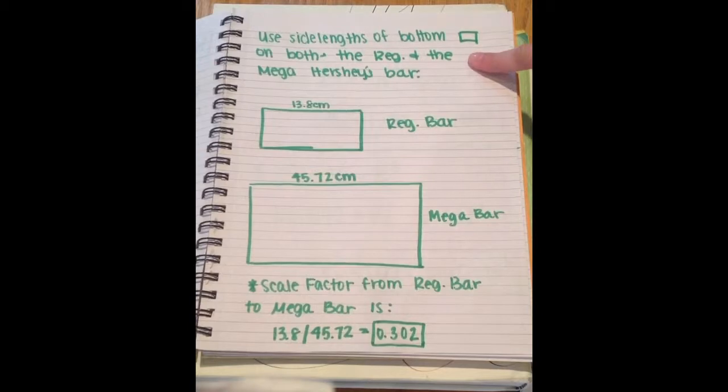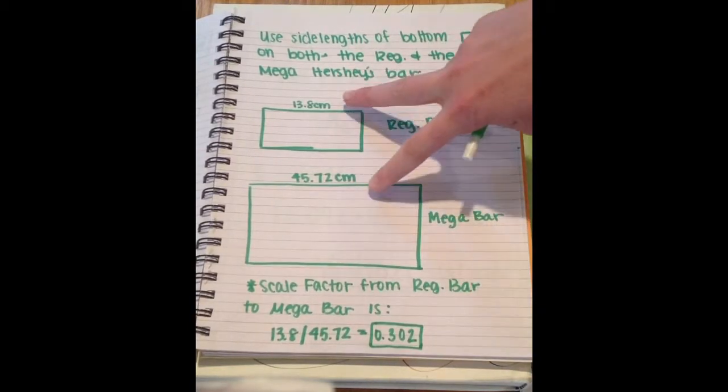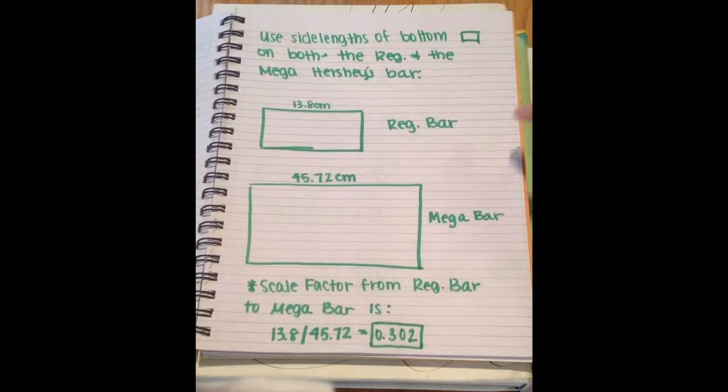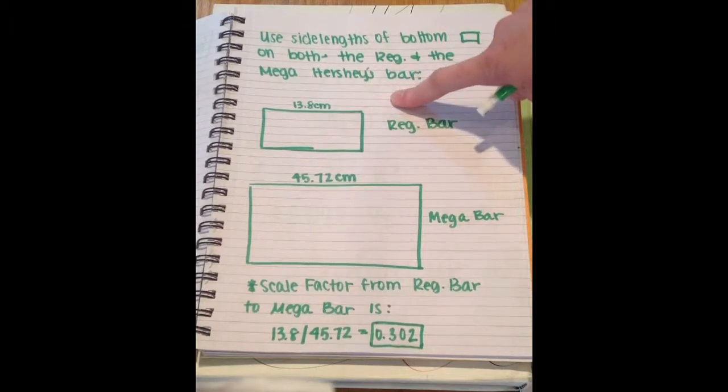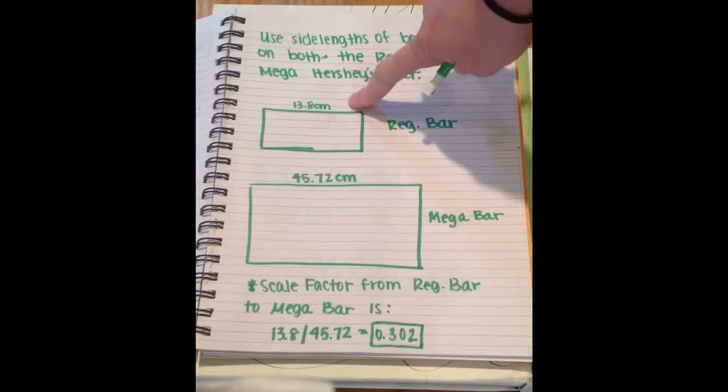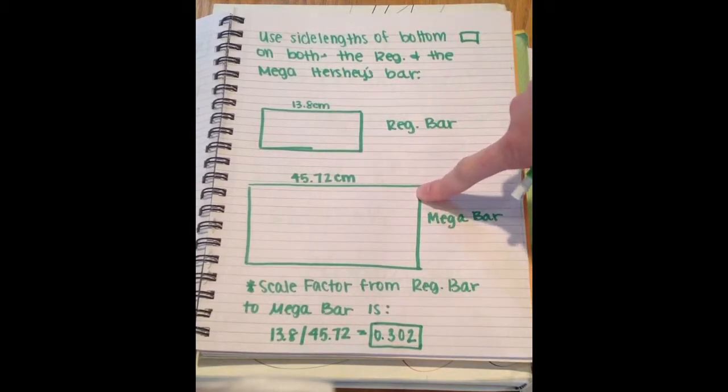So to find the scale factor, what you do is, like I said, set up a ratio between the characteristics of 2 similar objects. So I just have the side length of the bottom rectangle on both the regular size Hershey's bar and the mega sized Hershey's bar.